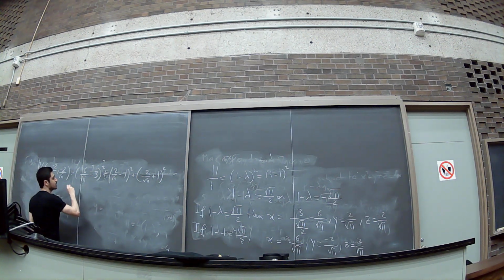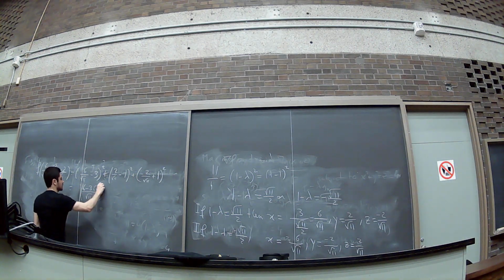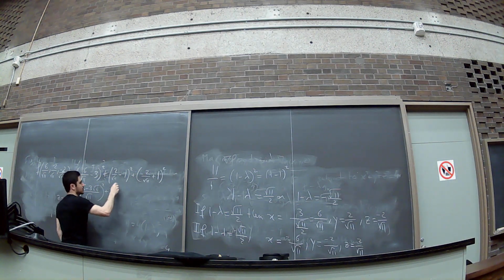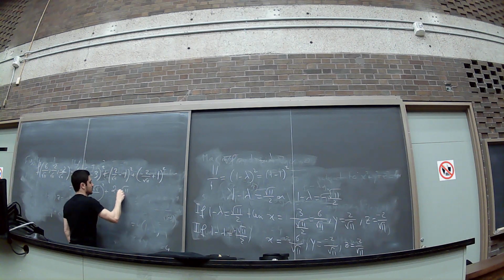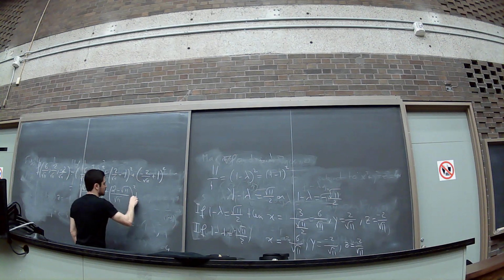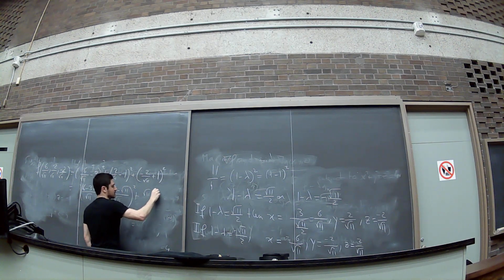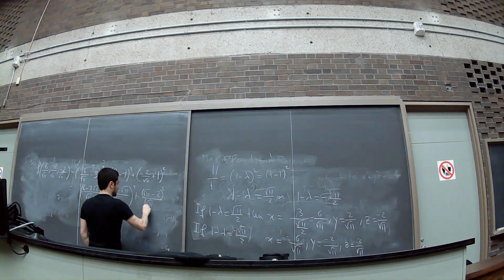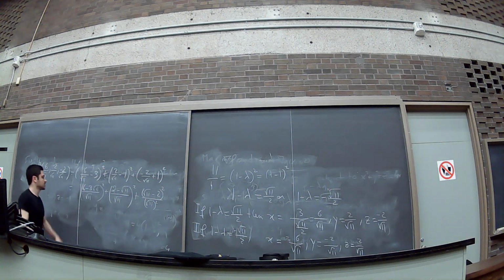Oh, it's going to be a bit fast. 6. The other one. 11 over root 11 squared. Plus 2 minus root 11 squared plus root 11. Okay, let's do this here.